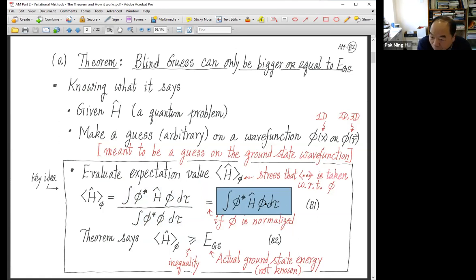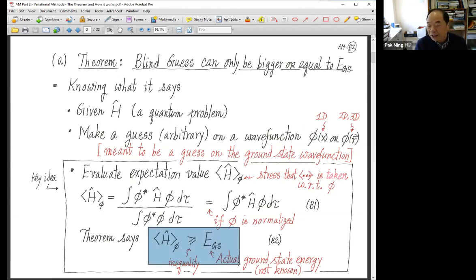But it is a big if whether your guessed wave function is normalized. The theorem says, whatever you guess, any educated guess, it is one-sided. Your guessed expectation value will be greater than the ground state energy of the problem. So the most important point is equation B2.